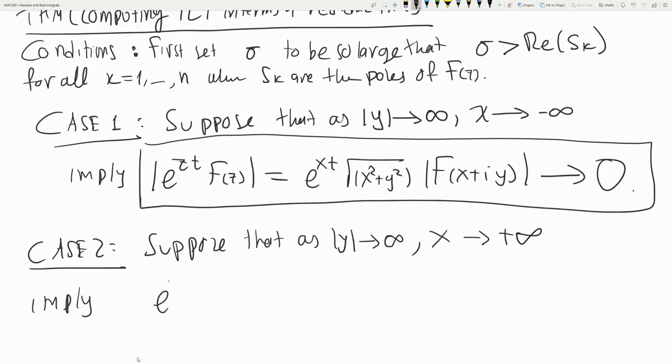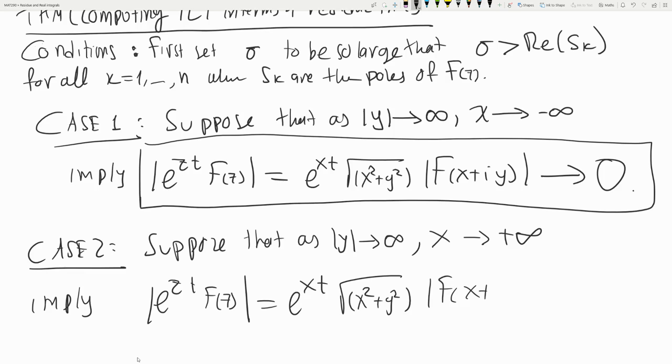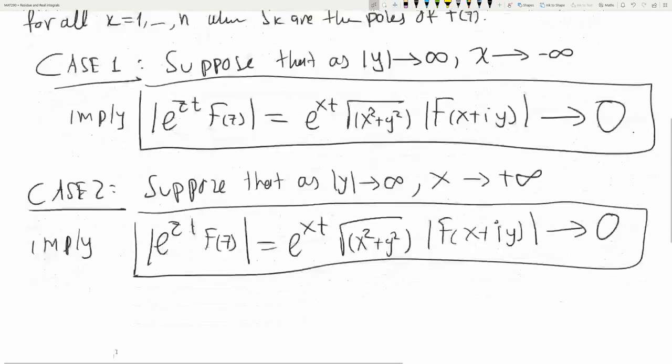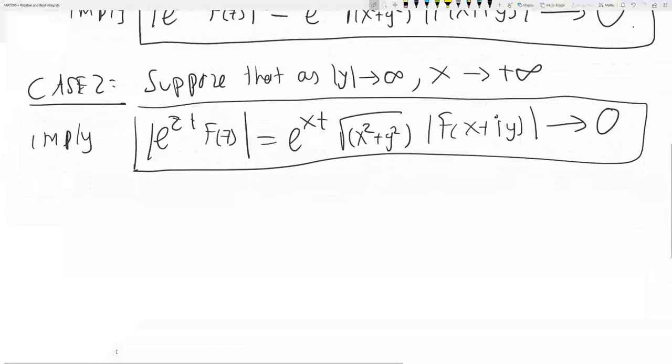Let me write it again for completeness: e to the t x times the modulus of f of x plus iy goes to 0. So this is case 2.